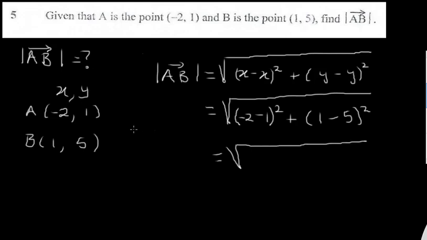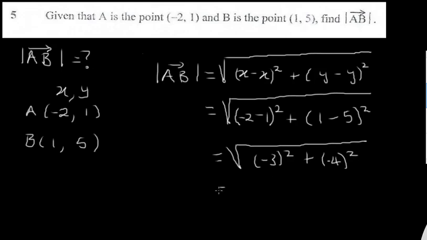I hope you've seen where we've gotten them from. So we've said minus 2 minus 1, 1 minus 5. And that is how we have that. So negative 2 minus 1 gives us minus 3, and this is squared, plus 1 minus 5 gives us minus 4, sorry, and this is squared.